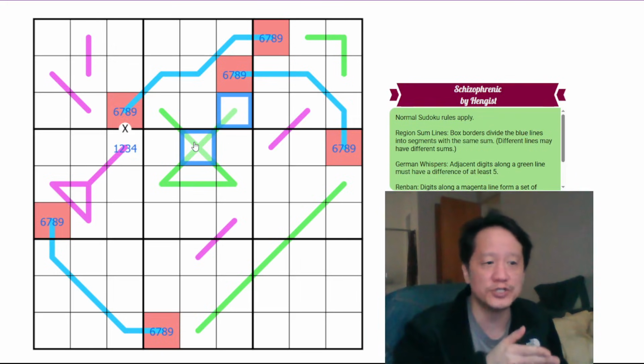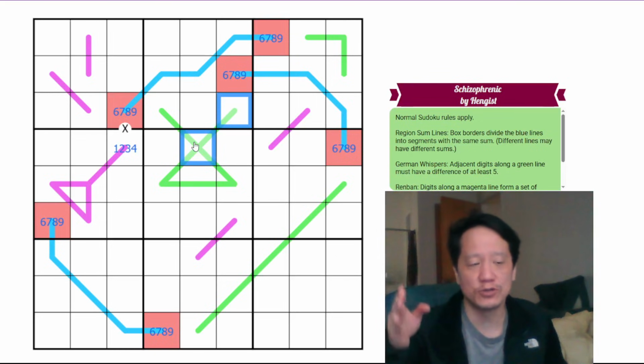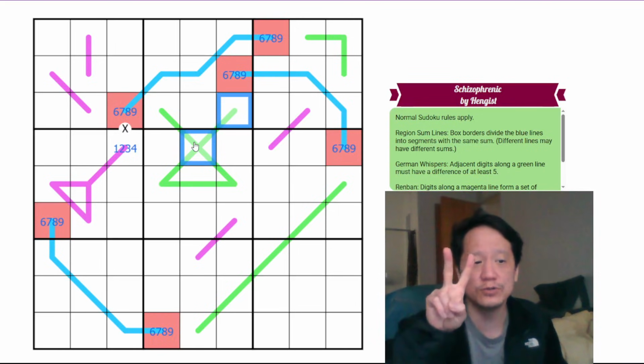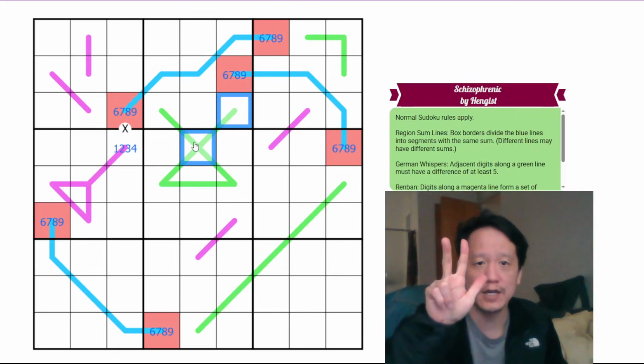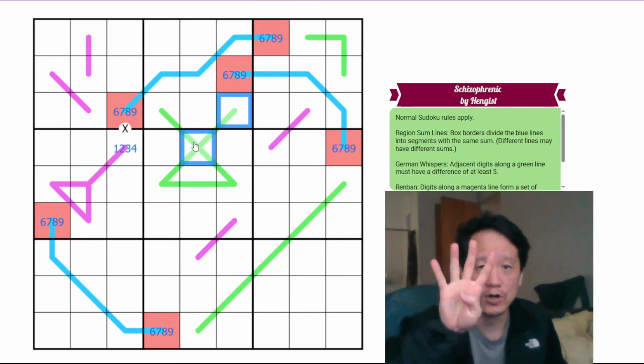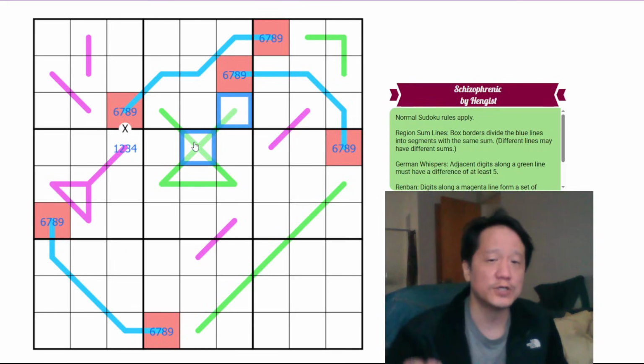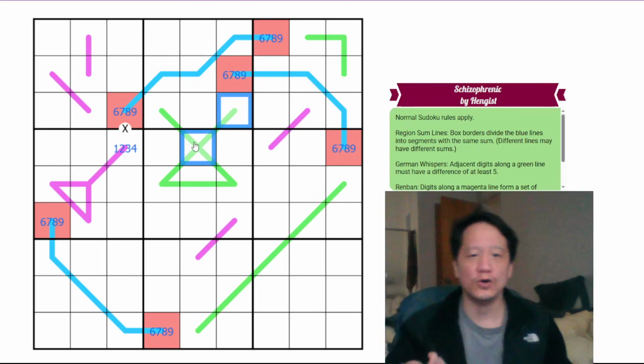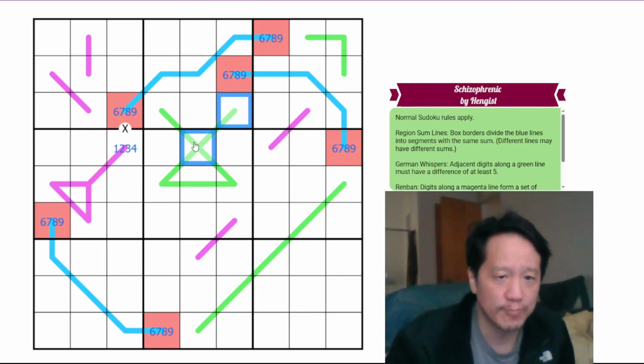So next to a low digit, you have to have a high digit, and it works the same way for high digits. What digits can be next to a high digit? 6 can be next to 1, 7 can be next to 1 or 2, 8 can be next to 1 through 3, and 9 can be next to 1 through 4, all of which are low digits. So on a whisper 5 line, you know it alternates between low and high digits.